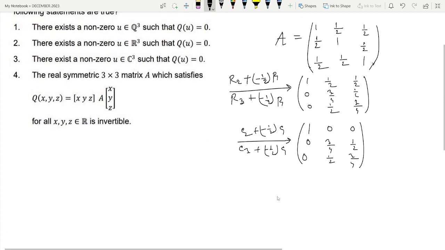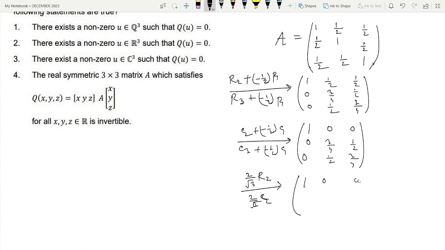Then again we have to make this element 1 from 3 by 4. What we can do, we can multiply R2 by 2 by root 3, and also then 2 by root 3 on C2, then it will be 4 by 3. Yes, so it will be 1 0 0.